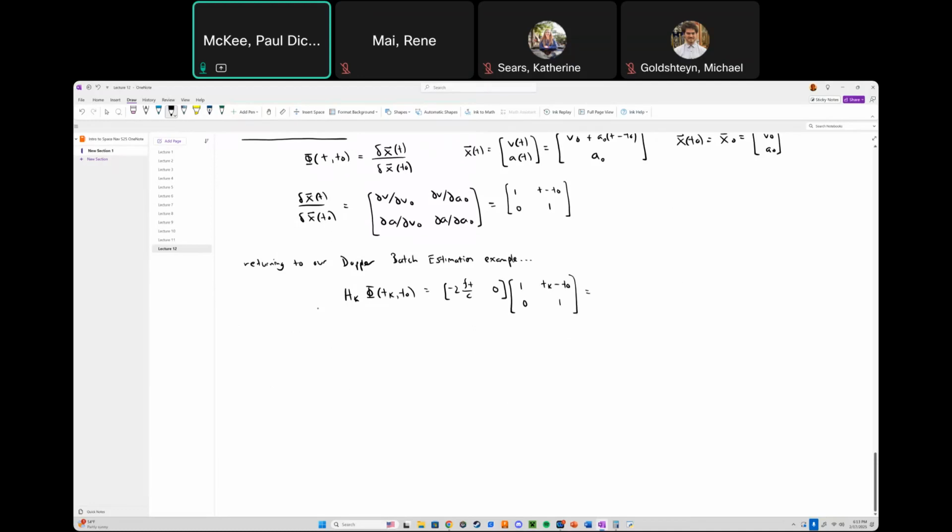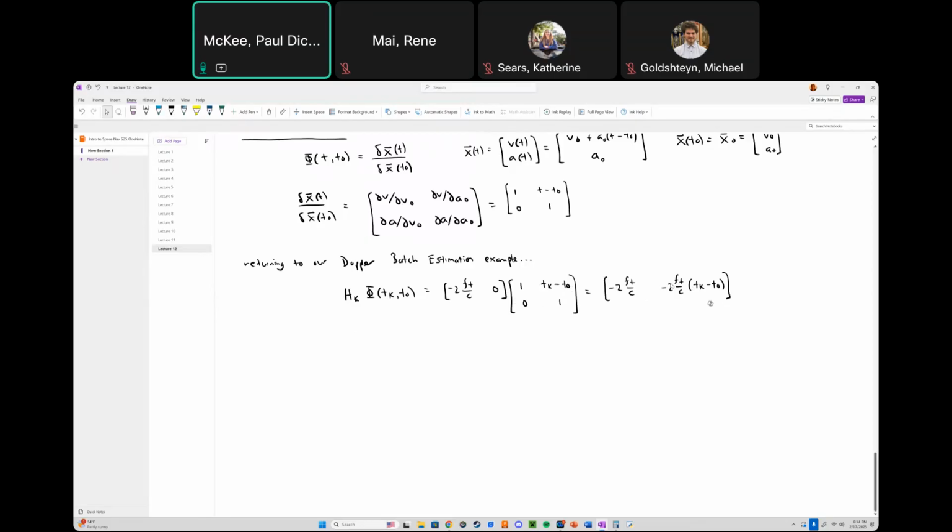And if you multiply this out, what we get is -2 transmission frequency over c, and then -2 transmission frequency over c times tk minus t0. And this is what we stack. So we're not just going to be stacking our h vector. We're going to be using the state transition matrix. We go through and we multiply it out. This is what we stack.